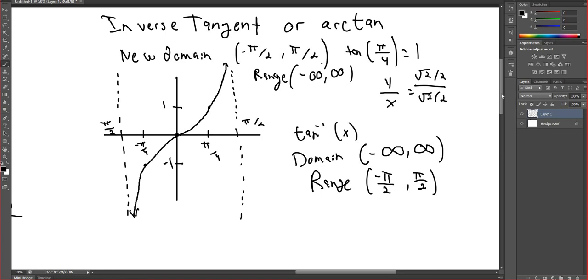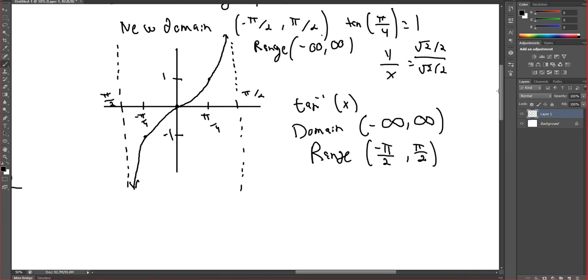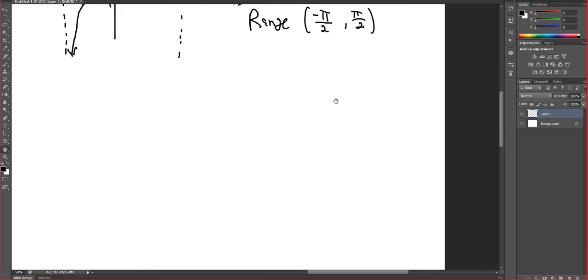Yesterday we had discussed the fact that this mirrors about y equals x, which means I didn't actually mirror my other one, I rotated it.